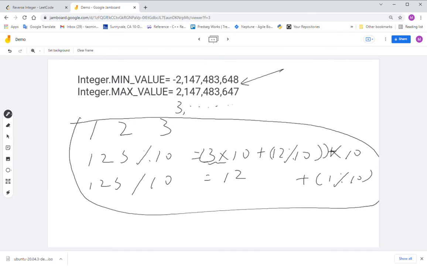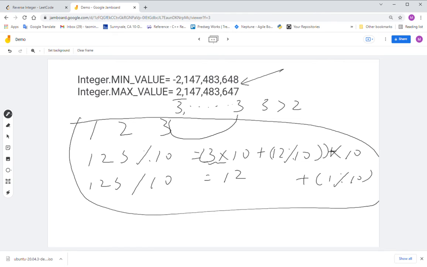The one place is 3. So after conversion, this 3 will become 3 billion. 3 billion is more than 2 billion, more than the max value. So we need to find some algorithm to detect this situation. So how to do it?